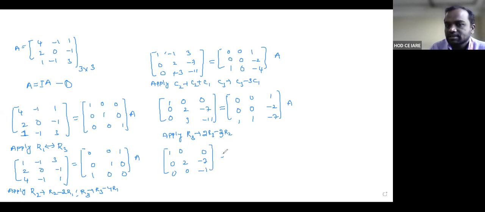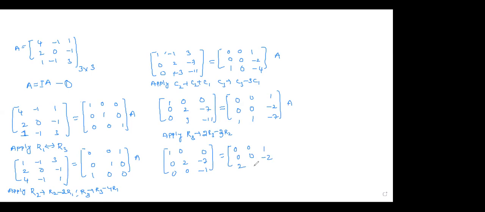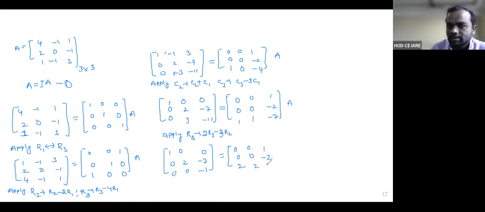Next the same we apply: 0, 0, 1 and 0, 0, minus 2. Next 2, 14 plus 6, that is minus 14 plus 6, minus 8, into A. Next this element you convert into 0 with the help of them. Like this, we have to make it a unit matrix.